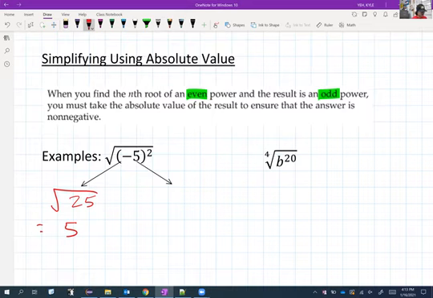Done and dusted. That's my red crew. My blue crew says, well, hold on just a second. We've got the square root of -5 squared, and I don't know everything, but I do know that a square root and a squared kind of cancel each other out, giving me -5. So who's correct? Red or blue? They both have compelling arguments.